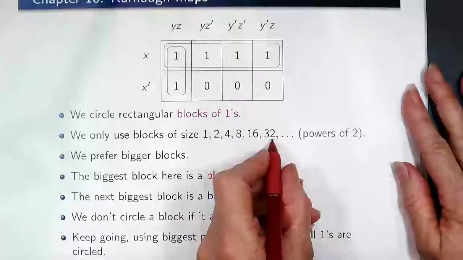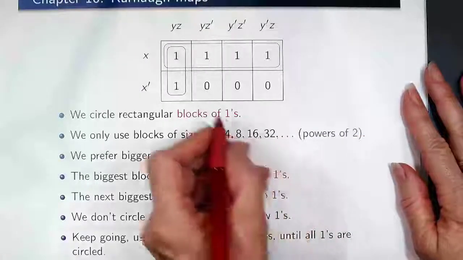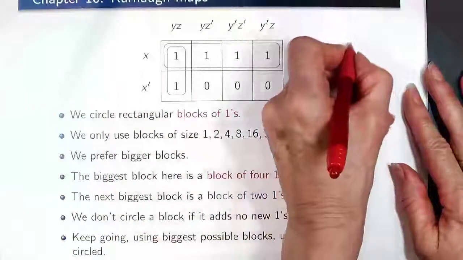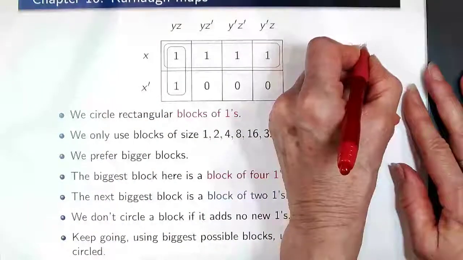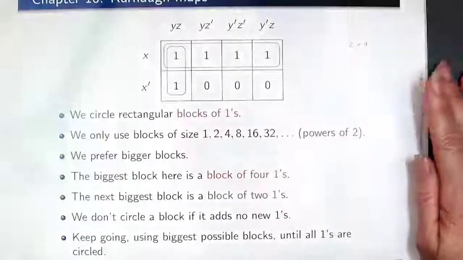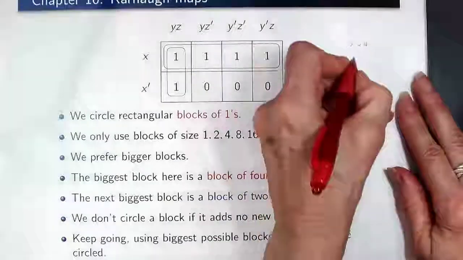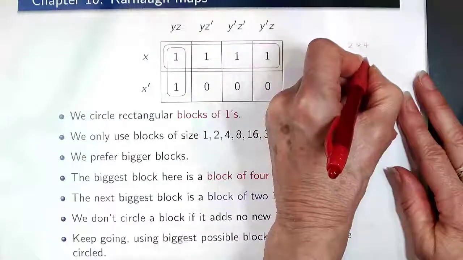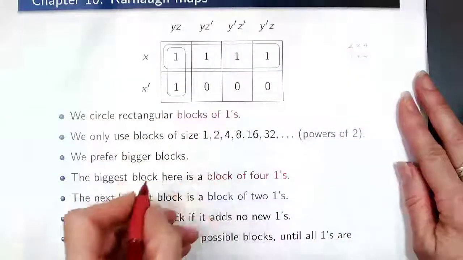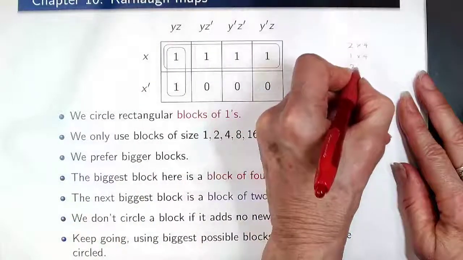We're not going to get a block of 32 or 16 here. With something like this, we could get a 2 by 4 block of ones if they were all ones, or a 1 by 4 block, or a 2 by 2 block.